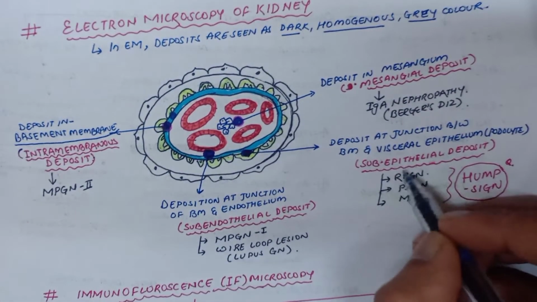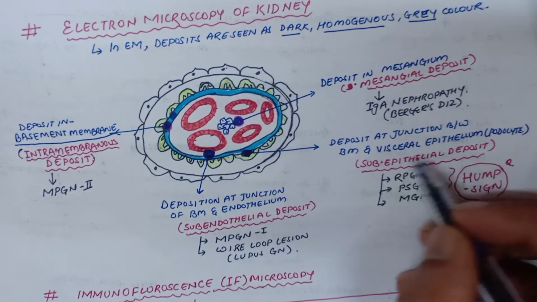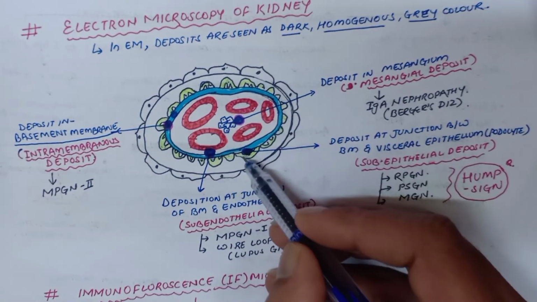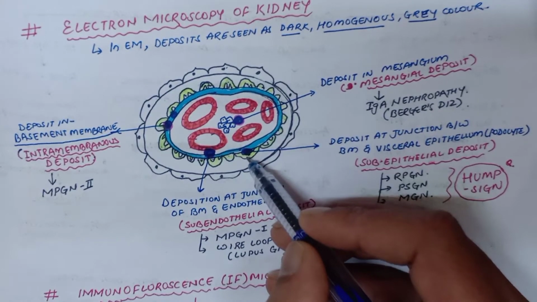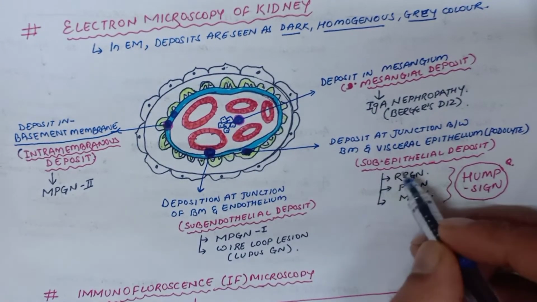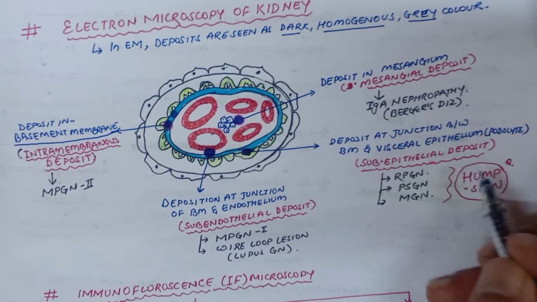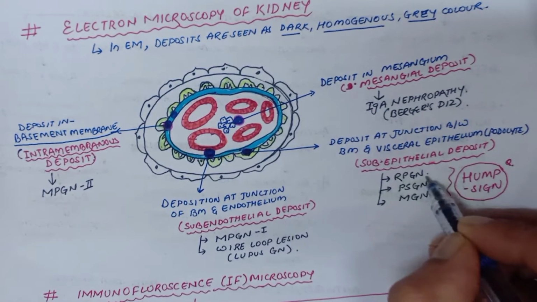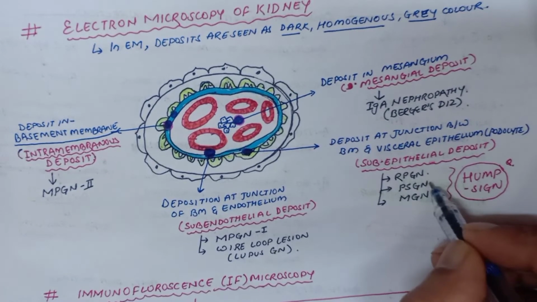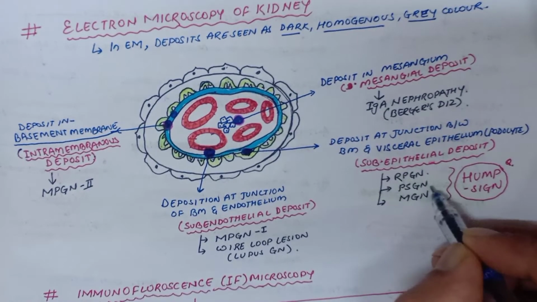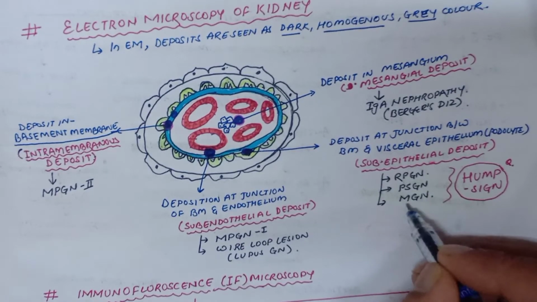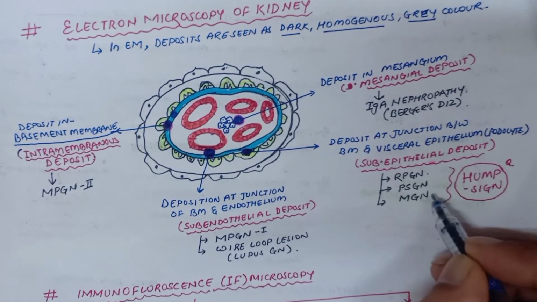And subepithelial deposits, that is deposition at the junction between the basement membrane and the visceral epithelial cell, can be seen in case of RPGN, that is rapidly progressive glomerulonephritis, PSGN, that is post streptococcal glomerulonephritis, and MGN, that is membranous glomerulonephritis.